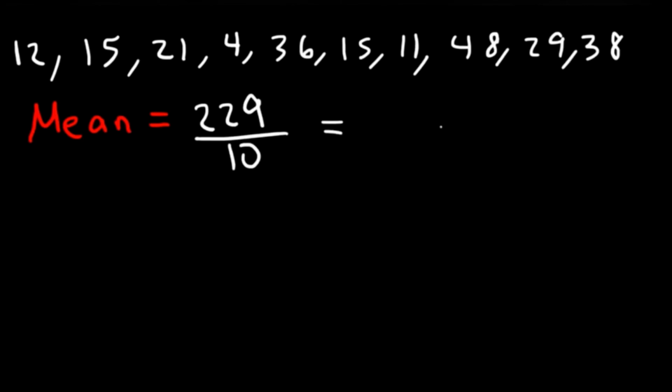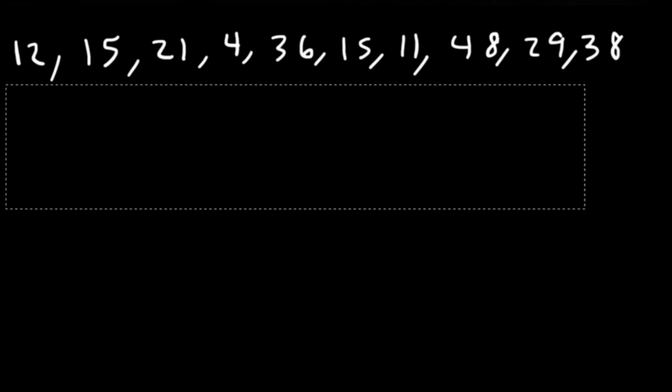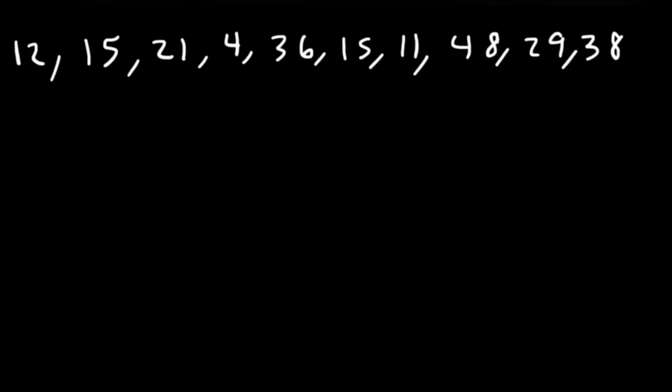229 divided by 10 will give us an average of 22.9. So that's the arithmetic mean. Now let's calculate the median. So let's put everything in order. The lowest number is 4, and then we have 11, and then 12.